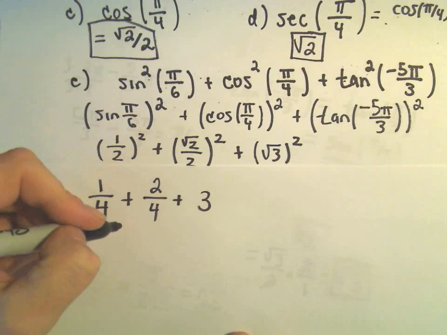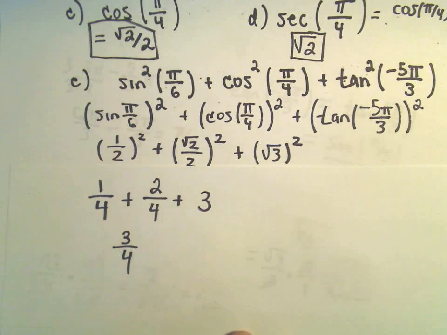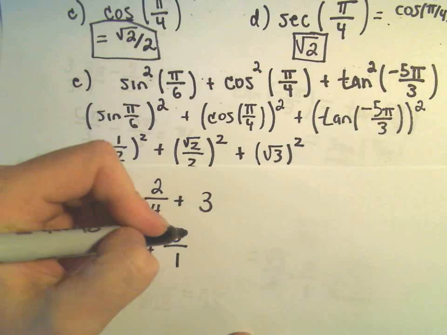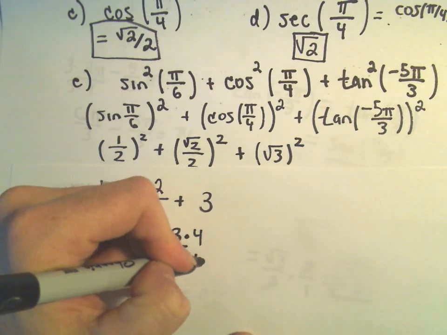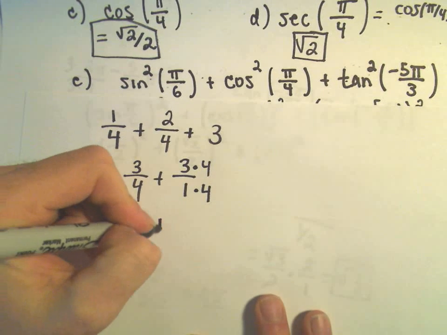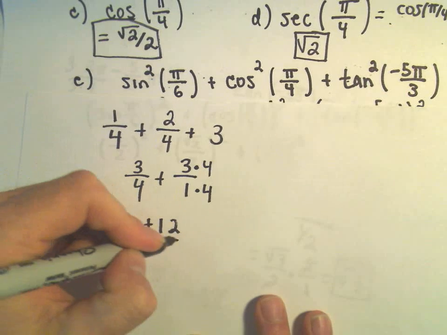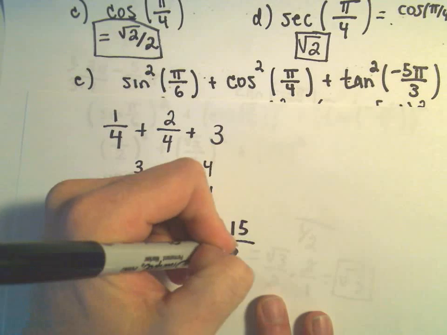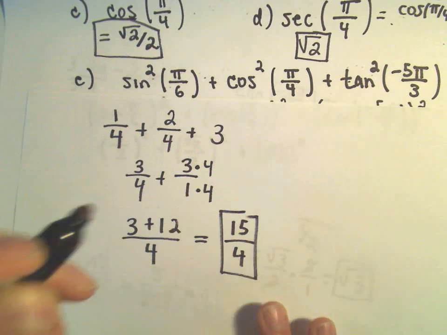Well, 1/4 plus 2/4 would give us 3/4. And we're adding to that 3 over 1. So we could multiply the numerator and the denominator of our second term to get common denominators. And that would just give us 3 plus 12 all over 4. Or we could say that's going to be equal to 15 over 4.